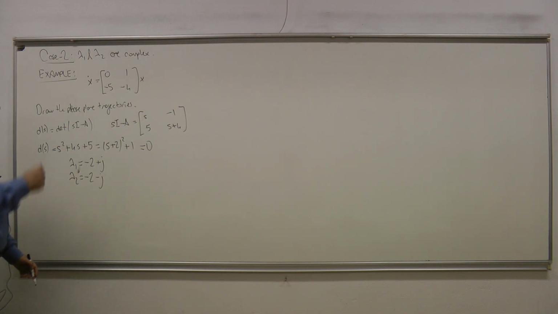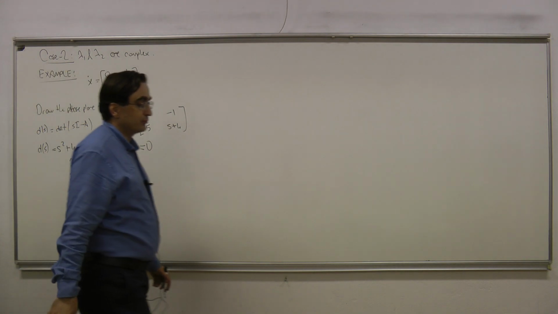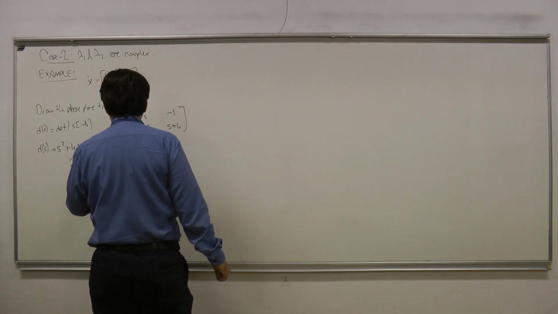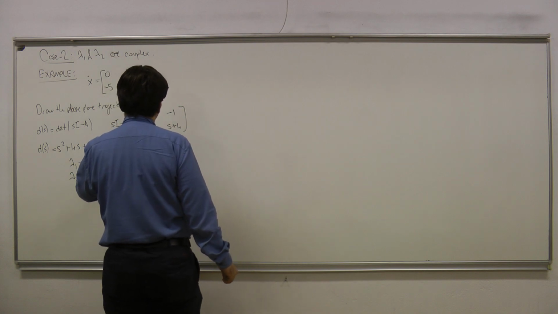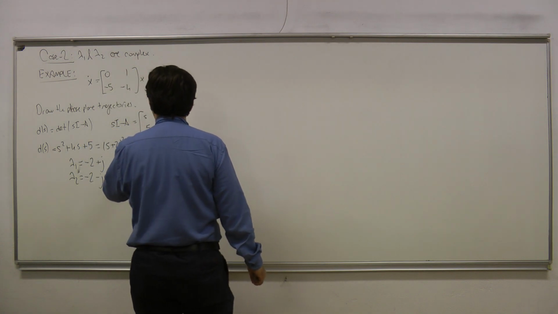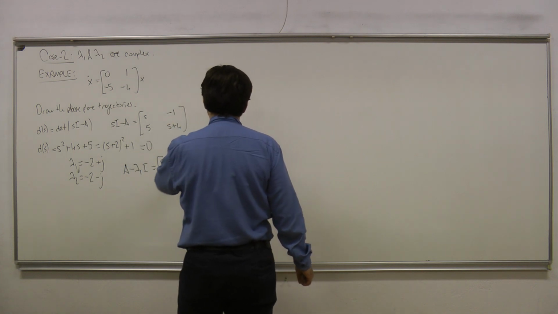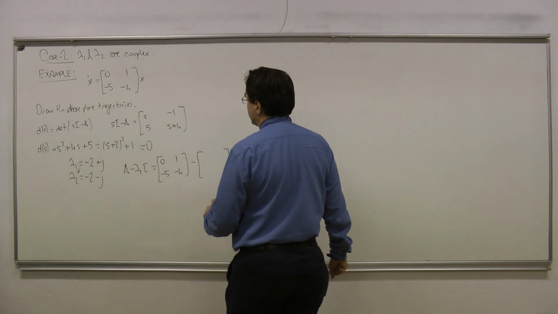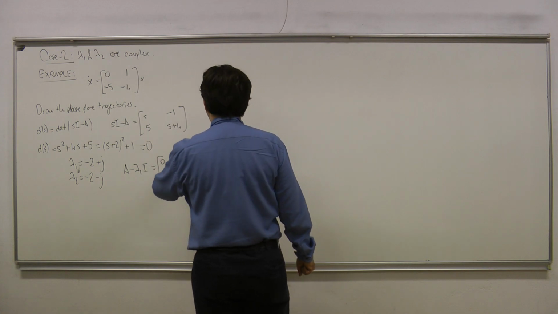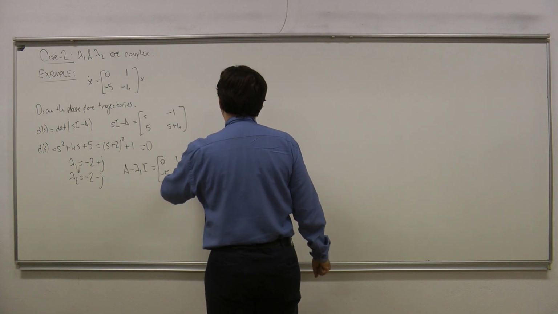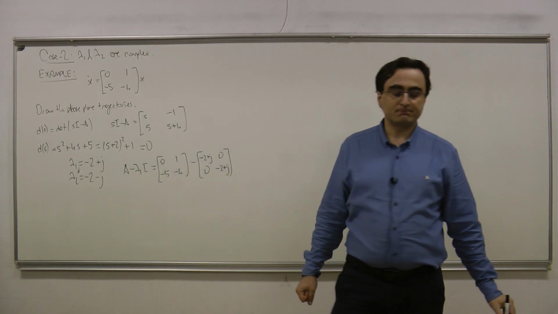So I have these eigenvalues. Let us try to identify the eigenvectors corresponding to them. I first calculate A minus lambda 1 identity. This is [0, 1; -5, -4] minus the identity times the first eigenvalue, minus 2 plus j.